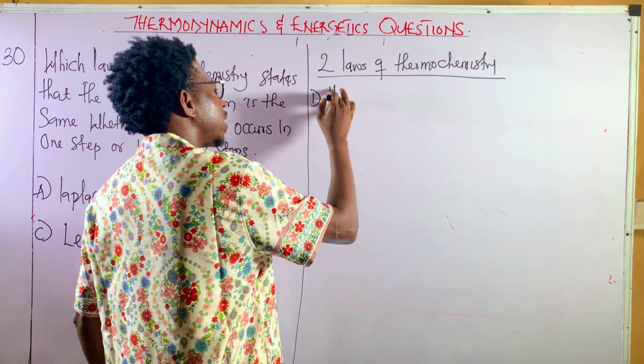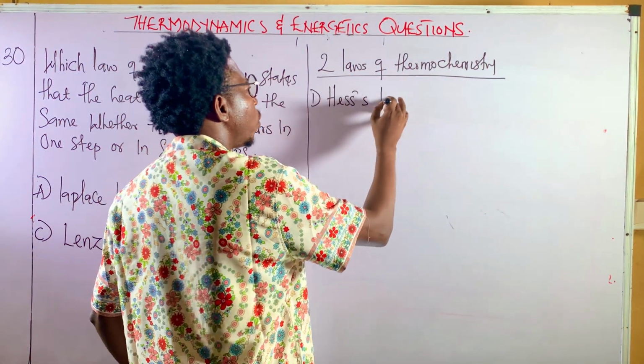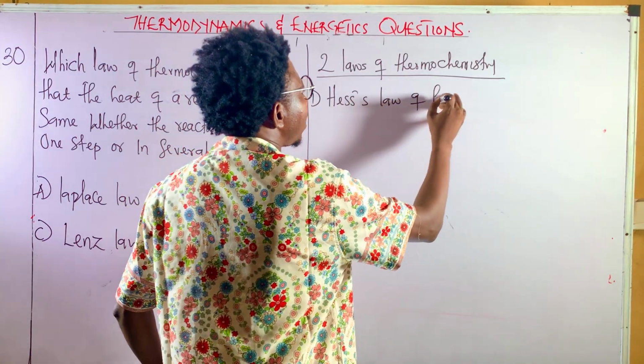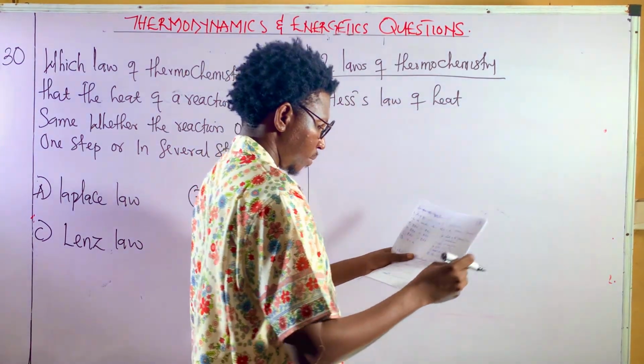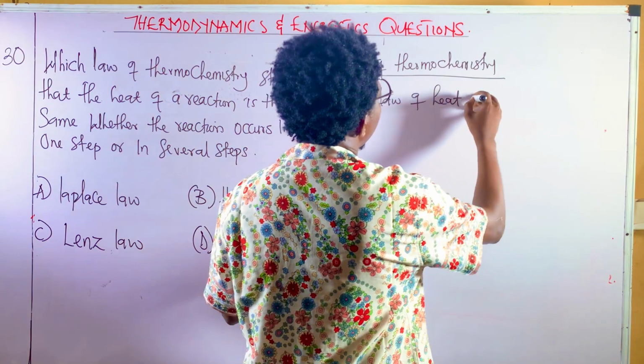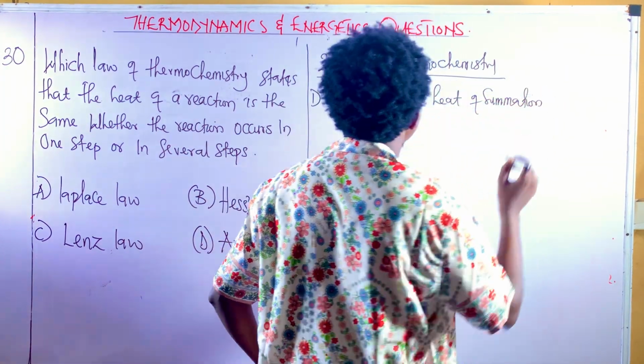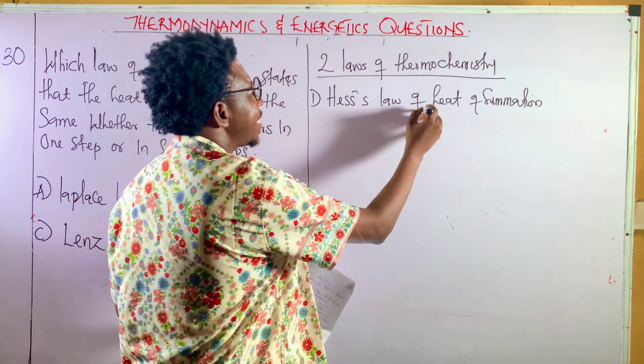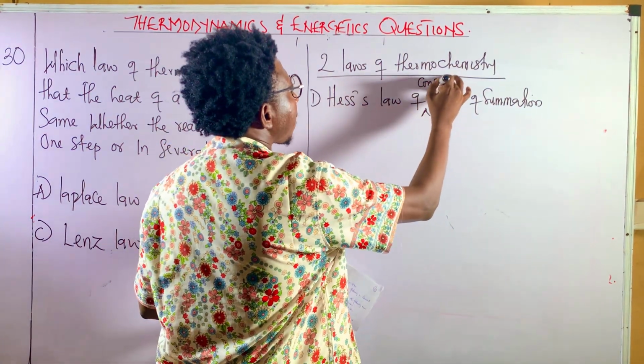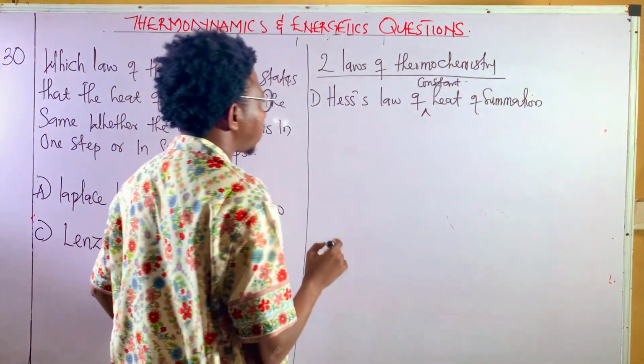One is Hess law of heat summation, also known as Hess law of constant heat summation.